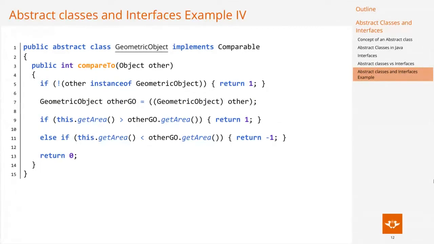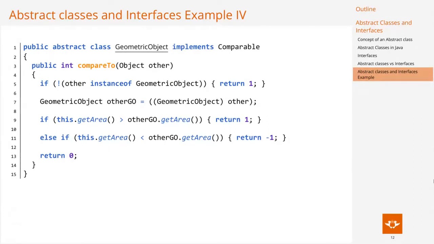So after line 5, anything that comes in the parameter should be a geometric object. We can change this implementation as needed because we have something else we can also compare, but we'll talk about that in just a moment. So line 7, we convert our parameter to a geometric object, and then we compare our areas.